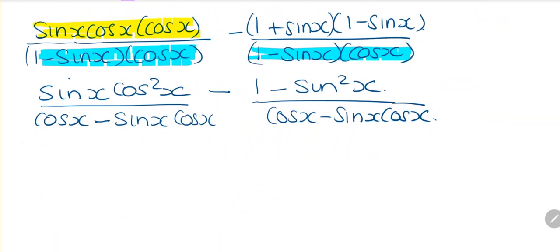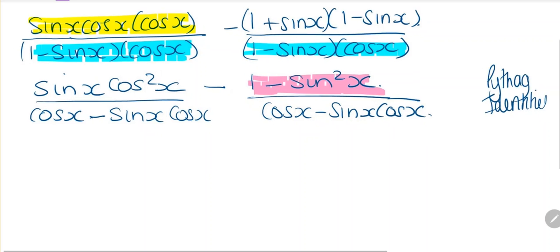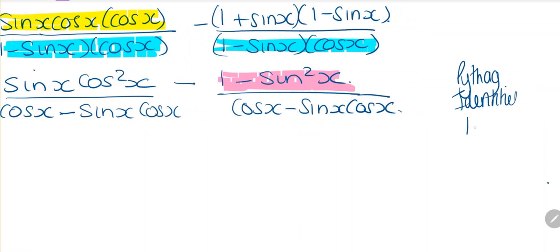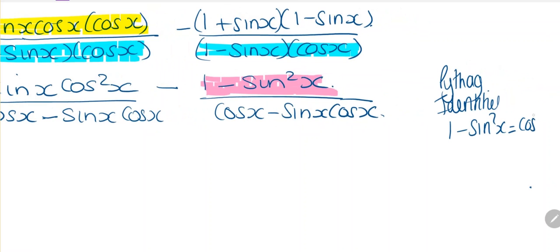If we look at this numerator, we know from our Pythag identities that 1 minus sine squared of x is equal to cosine squared of x.